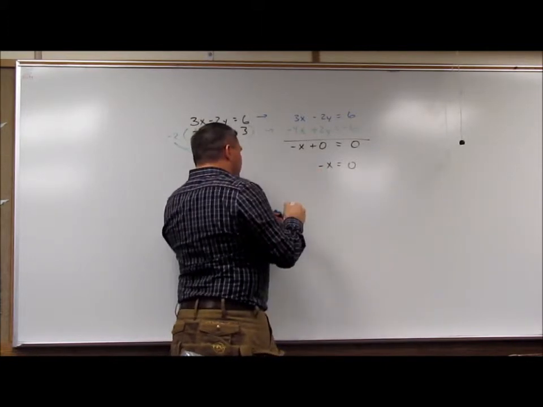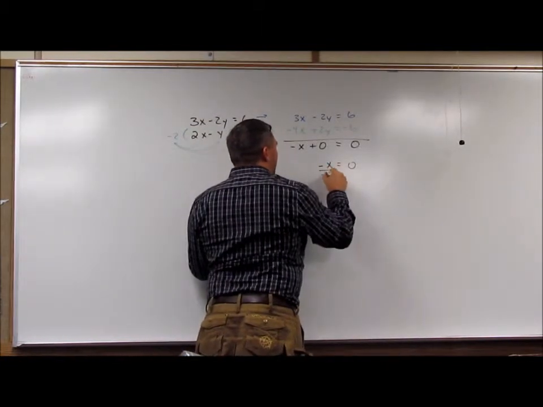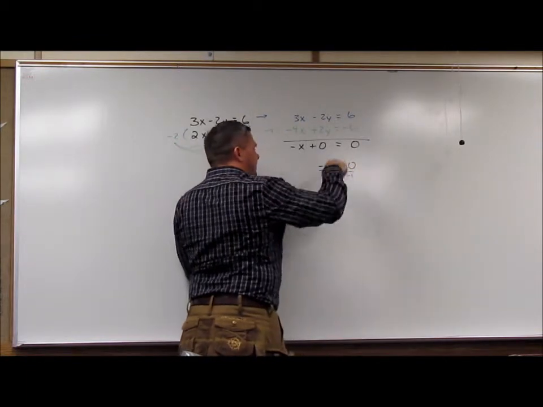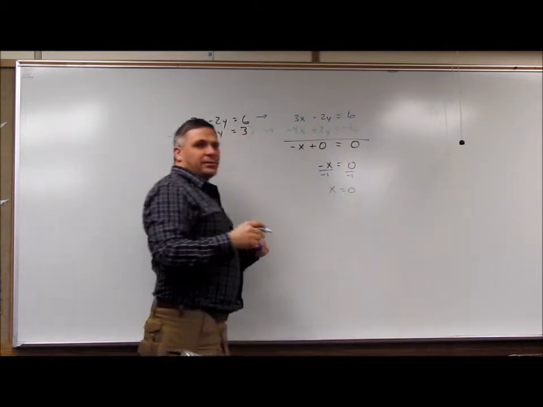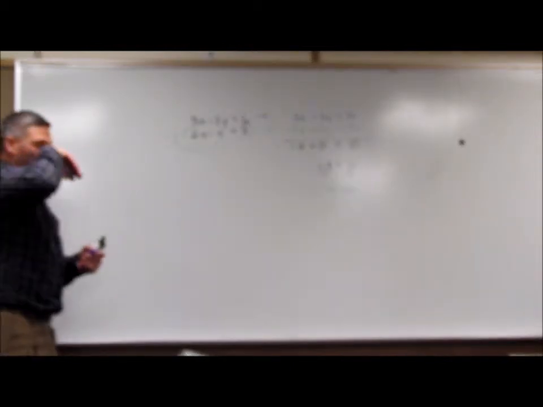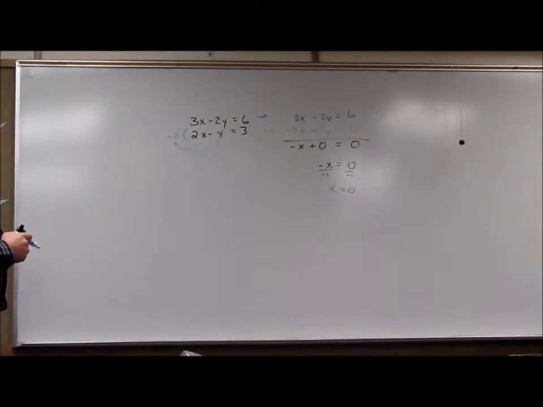So I can solve by dividing by negative 1, but 0 divided by negative 1 is still 0, so x is equal to 0. Why is 3x minus 4x negative x? Well, actually, that's a 1x, the invisible one.